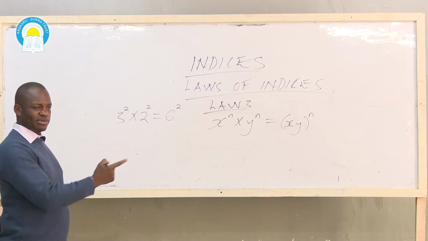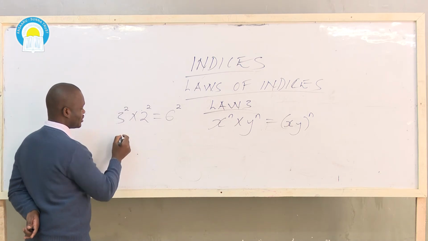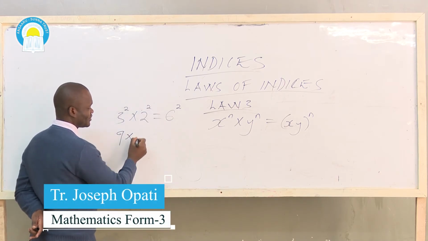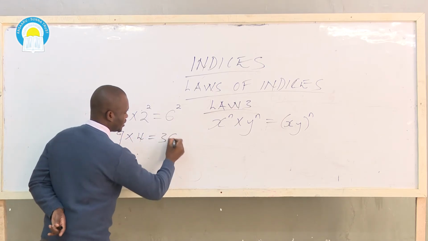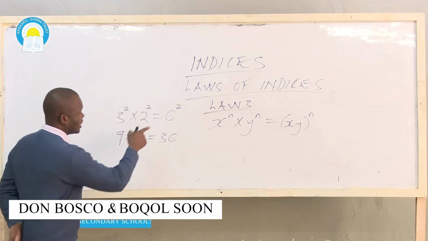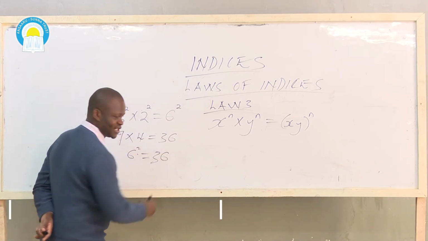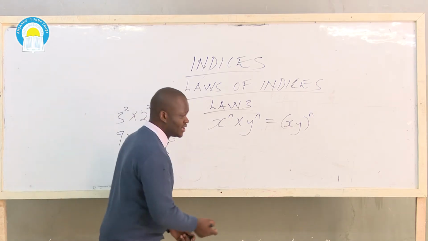And of course, we want to prove this. How do you prove it? 3 squared on its own is 9. 2 squared is 4. So 9 times 4, what do you get? You get 36. What about 6 squared? 6 squared gives you 36. Are we together? Meaning this is a valid law.